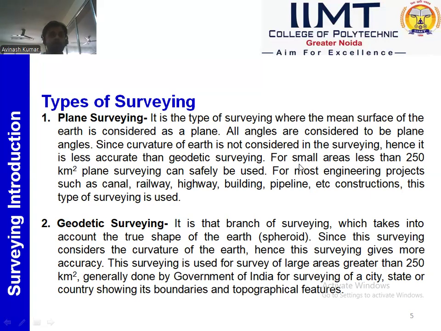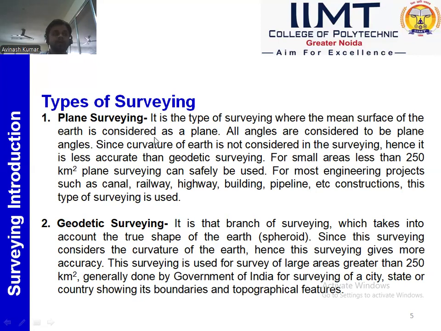And when I talk about area, then that is 250 square kilometers. You can understand that 12 kilometers on one side and 12 kilometers on another side is approximately equal to 250 square kilometers. So if we are doing the survey on an area of 250 square kilometers or less, then we can ignore the curvature of Earth.